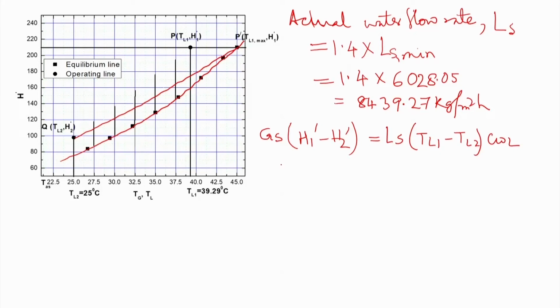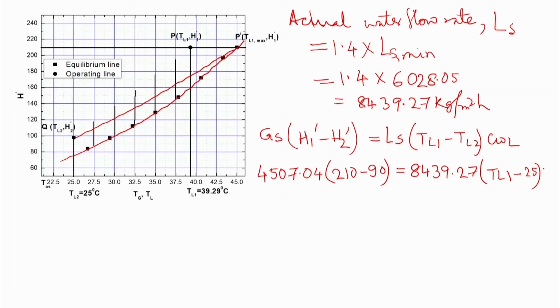So, here Gs is equal to 4507.04 into 210 minus 98, is equal to LS, which is 8439.27, into the TL1 we need to get, that is the water temperature leaving the dehumidification tower. Then TL1 minus TL2, which is 25, into 4.187.